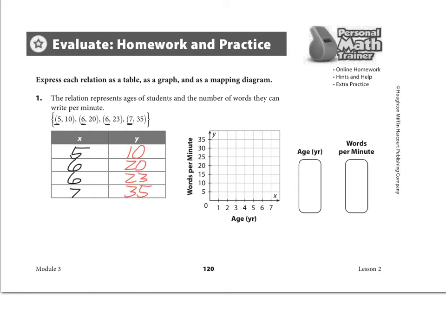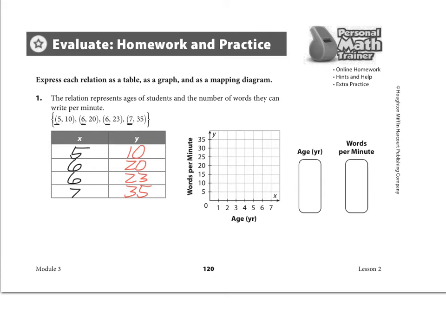So in a table, you want to keep them corresponding to each other. In other words, 5 has to go with 10, 6 with 20, 6 with 23, 7 with 35. Now, I told you earlier, x's cannot repeat. So immediately, because I have 2 x's here, I know this is not a function. And we'll look again here in just a second at how we show that.